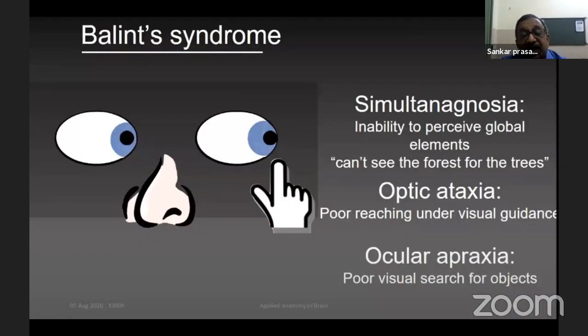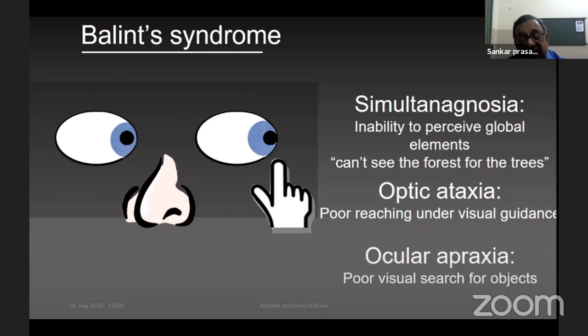That brings us to another visual processing disorder, like the occipital lobe one, that is Balint syndrome, which includes simultanagnosia, the inability to perceive global elements, can't see the forest for the trees. And I'll show you a cookie theft diagram where, if you are asked to describe it, they will not be able to describe it. And it has another two components.